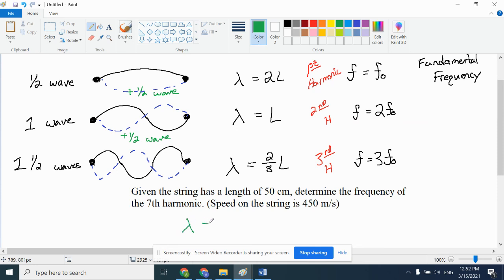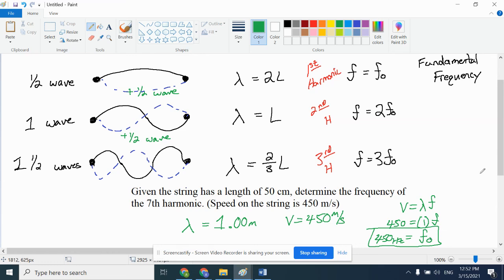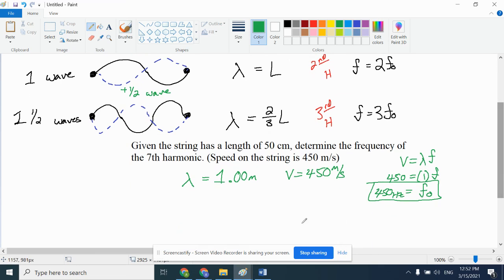So at a wavelength of 1 meter and a velocity of 450 meters per second, v equals lambda f, so 450 equals 1 times f. f is 450 hertz. That's the fundamental frequency. So at the seventh harmonic, 7 times 450 yields 3150 hertz.